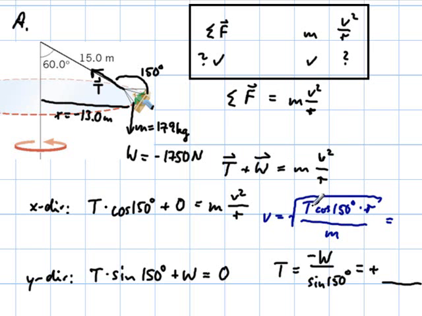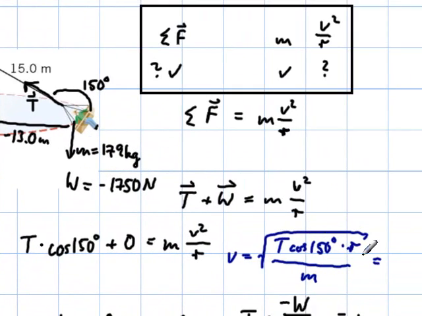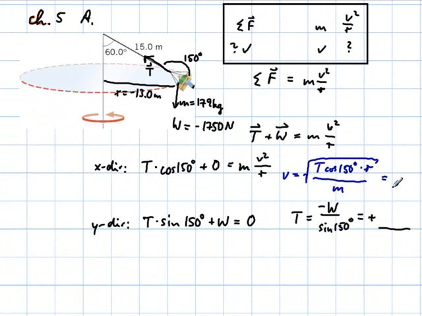So here the tension was calculated as a positive number. The cosine 150 is a negative, and that gives the horizontal tension the negative. So that's a negative. This one is a negative, which is good because those two negatives cancel each other out under the square root. So we can actually take the square root of that positive number, come up with a velocity. And now you could argue, well, maybe if I chose the positive part of the velocity, it goes into the page here, and if I choose the negative, it comes out of the page, that's actually kind of a third dimension. So let's just use the positive part of that when we take the square root.